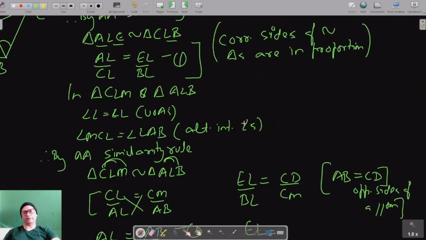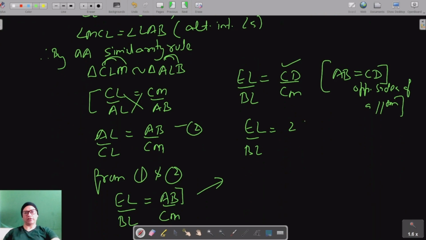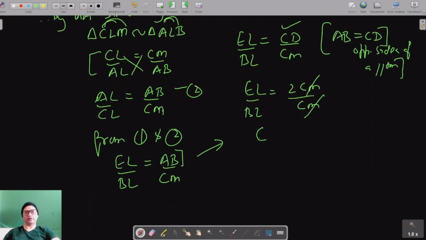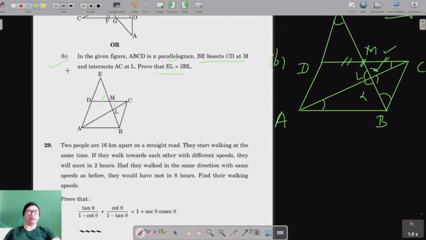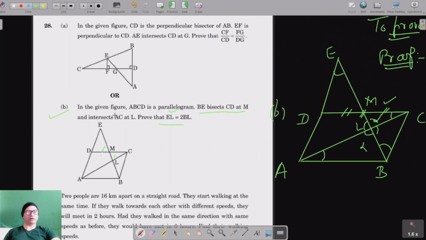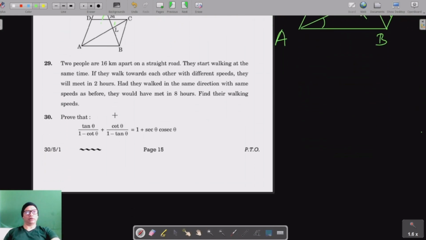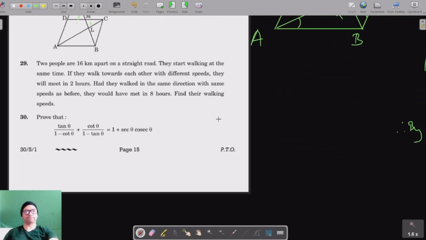So instead of CD, I can write 2 times CM. The CM gets cancelled. So EL is equal to 2 times BL. And this is what was asked to prove, EL is equal to 2 times BL. And this also completes question number 28. Let's move on to question number 29.